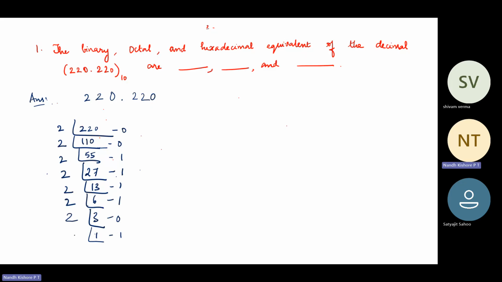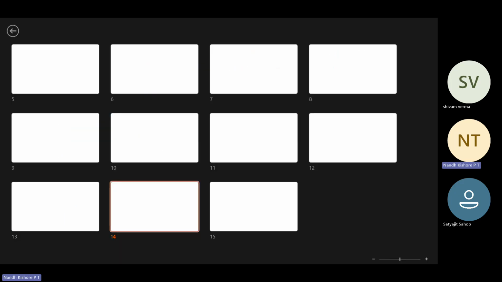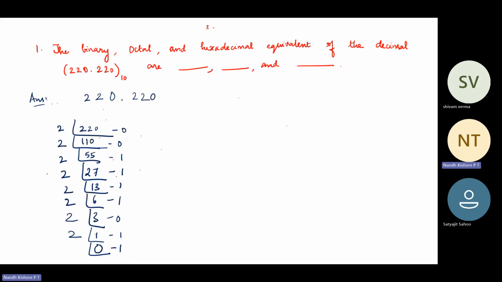Again, you divide 1 by 2, which gives 0 with a remainder of 1. So this is your end. Now you have to read it from bottom to top.